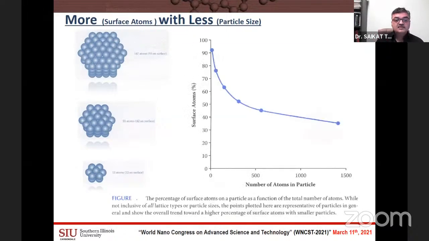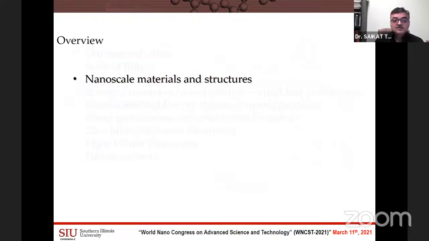So you are increasing the specific surface area available. It's true for every material. You start breaking it down, this is what's going to happen, and that is why people are so interested in looking into nanoscale materials.